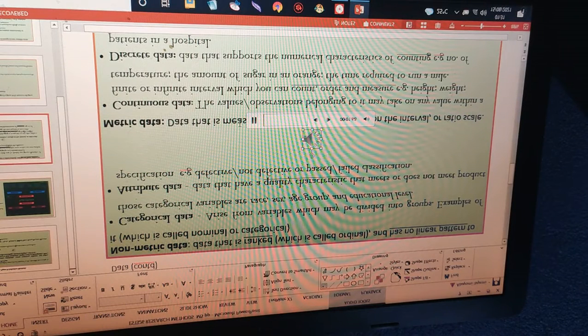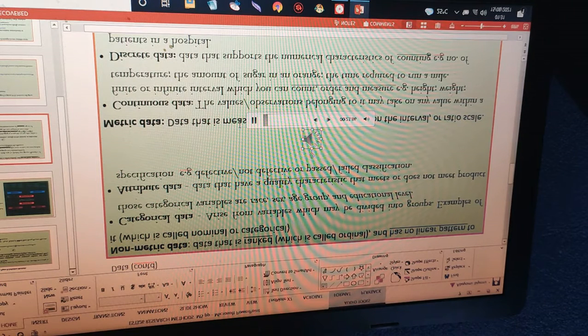Yeah, for the sake of further explanation, let me try and explain non-metric data and metric data. Non-metric data is data that is ranked, and it has no linear pattern, and that is called non-metric data.